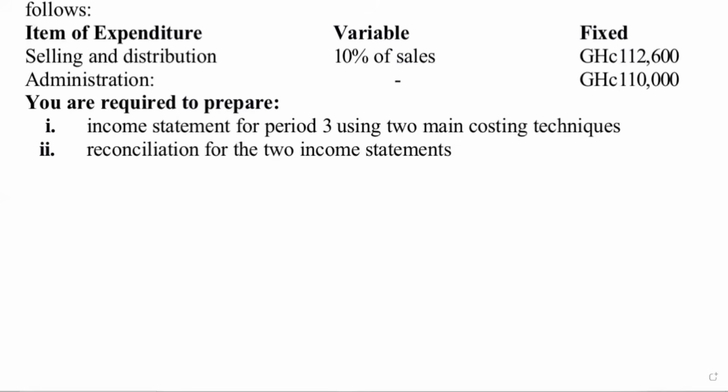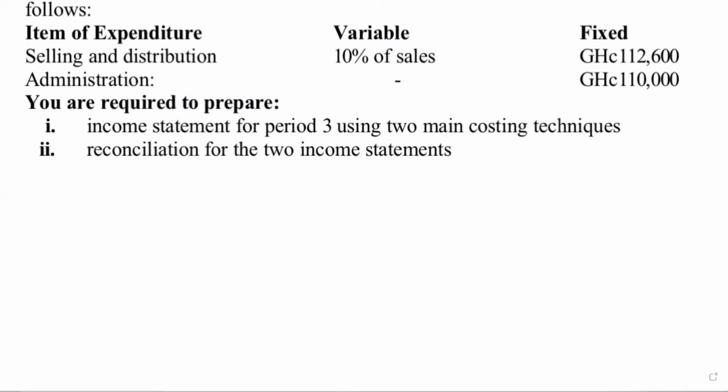So that is, if you don't know that the techniques are marginal costing and absorption costing, you'll be sitting there. Then II is what? Reconciliation for the two income statements. So the requirement that has been given to you is just a format work. With the II, the reconciliation for two income statements, that one is also a format work.